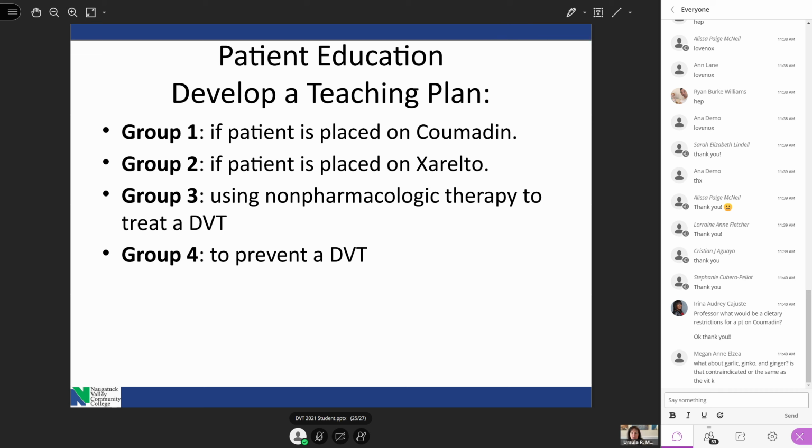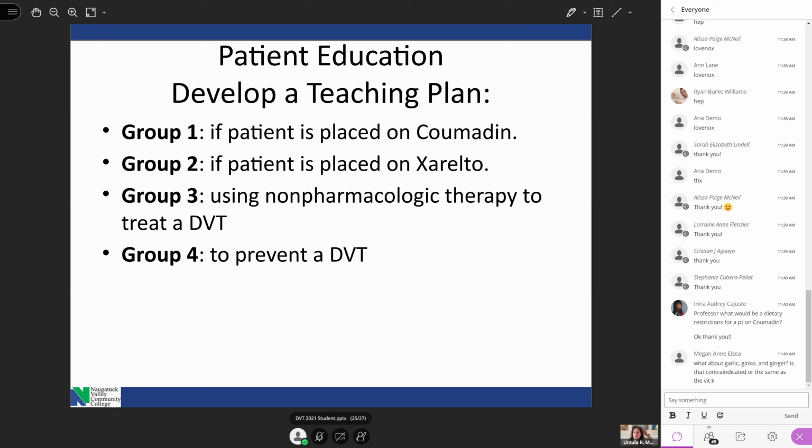What about garlic? Yeah, no, all that's good. Megan, some people feel that garlic, ginkgo, and all that can cause your INR to be increased. So it's not necessary. The bottom line for all of this is to just eat a consistent diet. If you normally eat garlic all the time, you want to keep eating it.